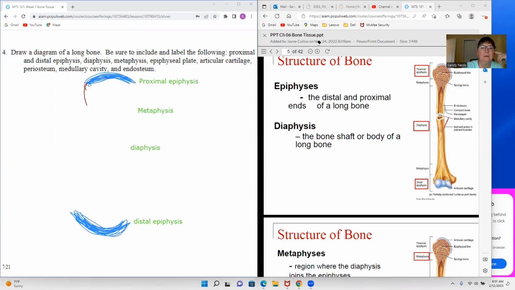So I'm still on erase. So here is the line. And let's see what else. Epiphyseal plate, articular cartilage, periosteum.